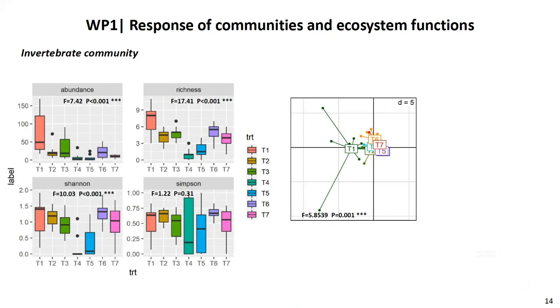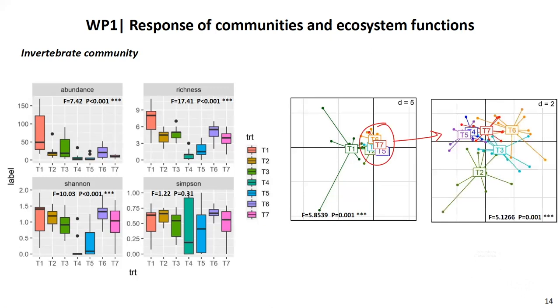And as you can see here, for treatment 1, which is a bromeliad from the forested area, the structure of the community is very heterogeneous because of a high abundance here and a higher richness as compared to the other treatments. So if we remove this treatment, we can see here better all the other treatments and the great difference in the invertebrate community structure.